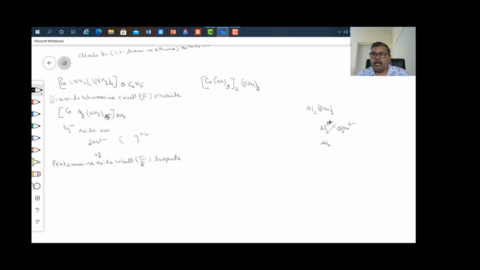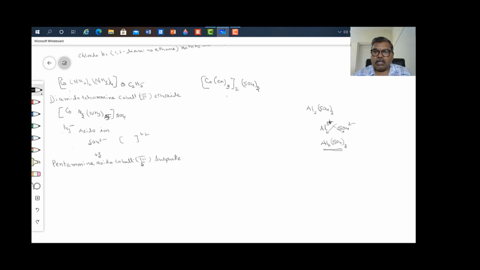Due to that, the Al2 and SO4 group must be 3. So 2 Al3 plus ions can neutralize 3 sulfate ions, or 3 sulfate ions can neutralize 2 Al3 plus ions. Therefore, the formula is Al2SO4 thrice. Similarly, you write down the formula like this.